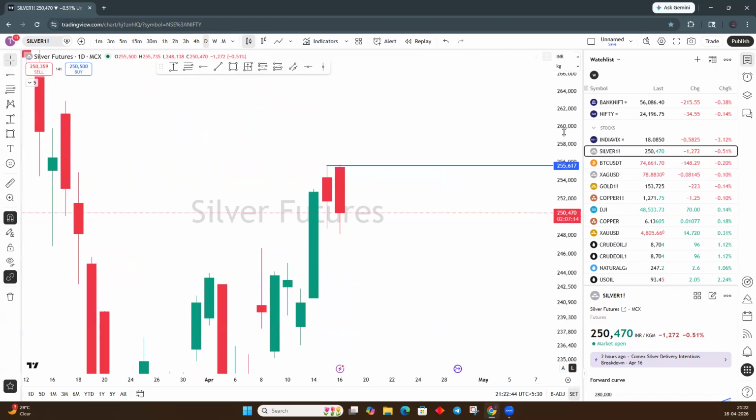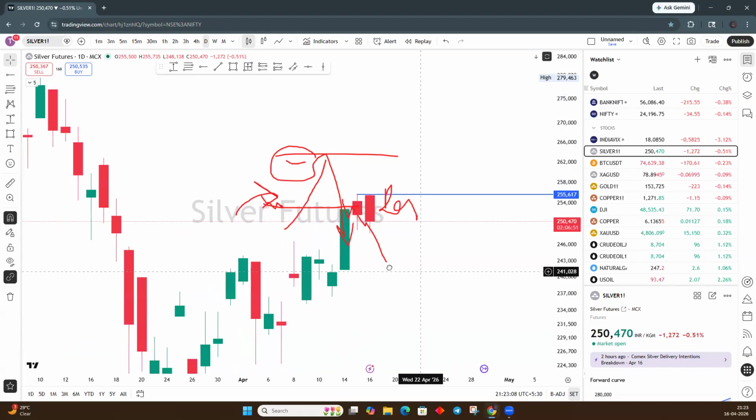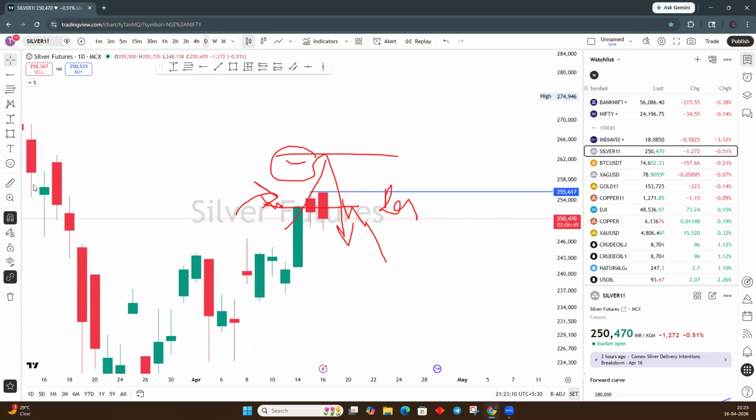Because you can see here, yesterday the silver closed bearish as per the candle, but today the market again opened with a good gap up, and from higher levels it is again showing resistance. This is the area from where we might see some profit booking, and from the profit booking area we can again take a good entry if we are getting the levels of 2,40,000 for silver.